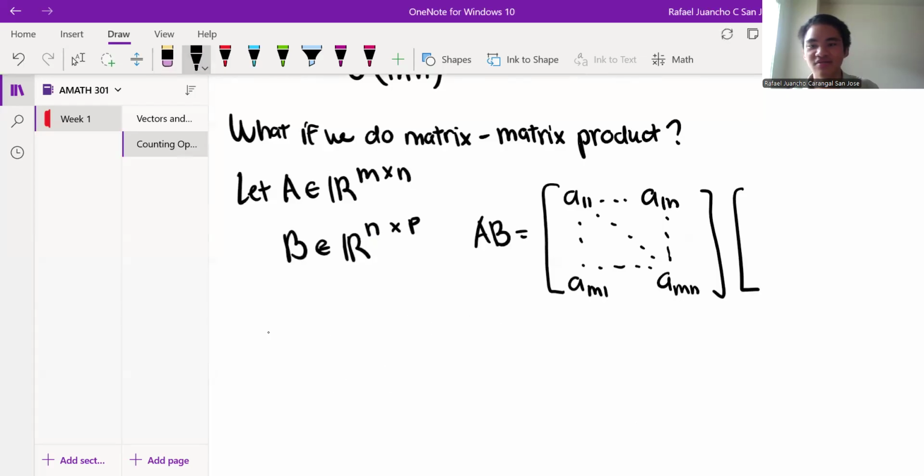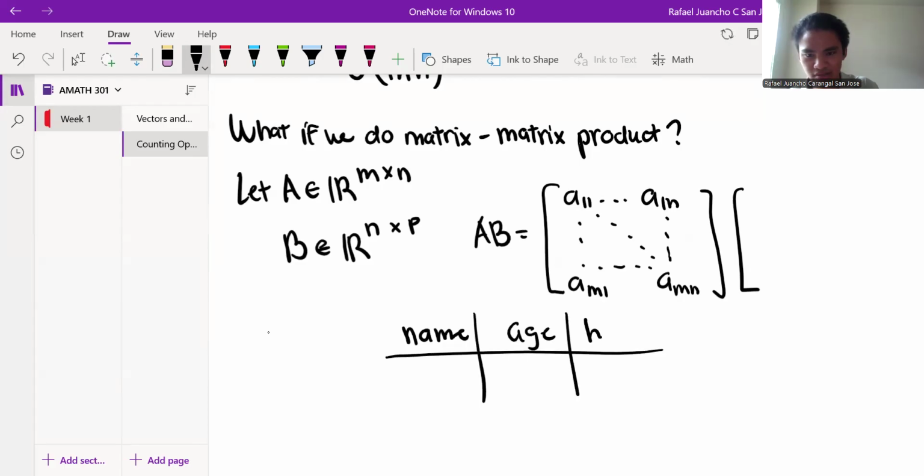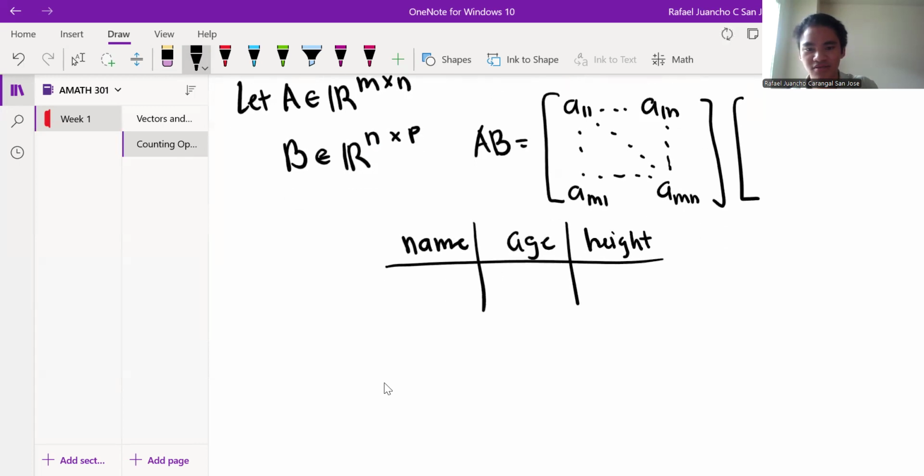Features, I mean, let's say you have a data table, right? Features, like, let's say name, age, height, I don't know. And then your data points could be like Josh, age could be like 40, height could be like 6 foot, right?